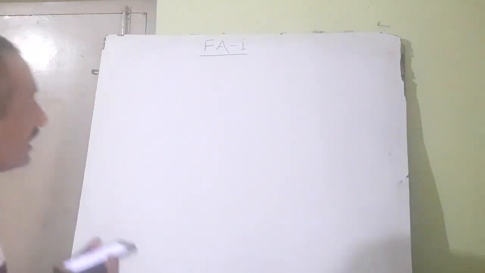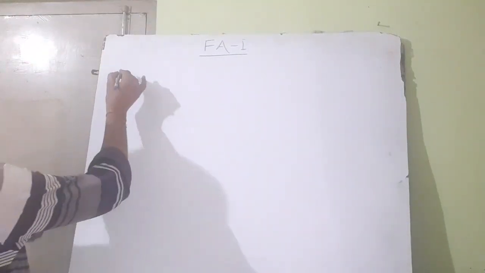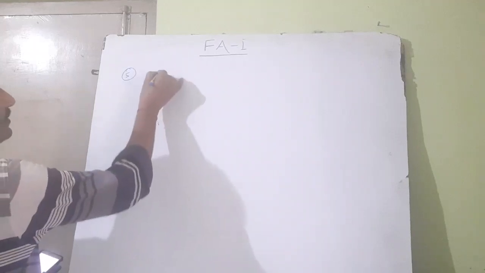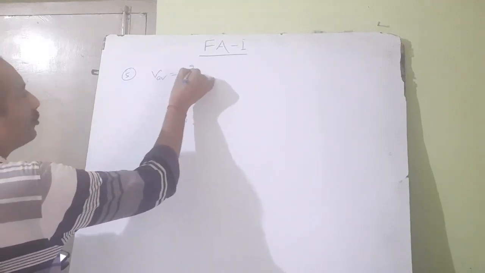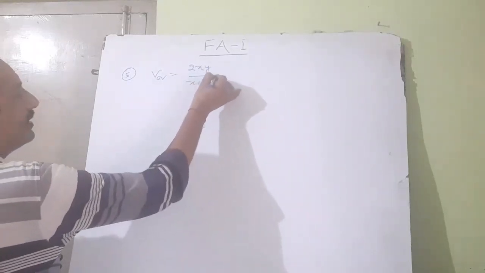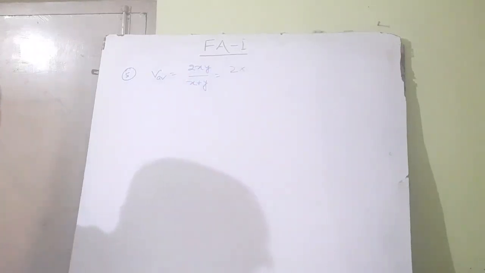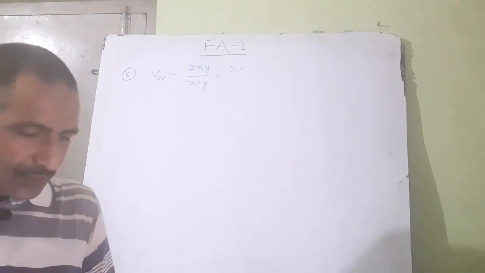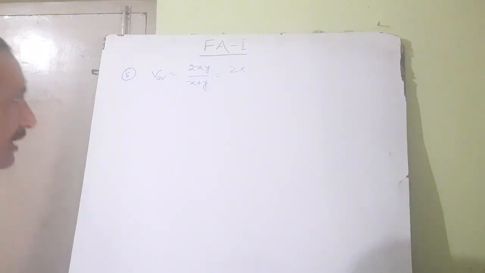I discussed a formula that if two equal distances are travelled with two different constant speeds, average speed is written as V average is equal to 2xy by x plus y. Here x means the first speed, which is 100 meter per second, and y is the second speed, 50.